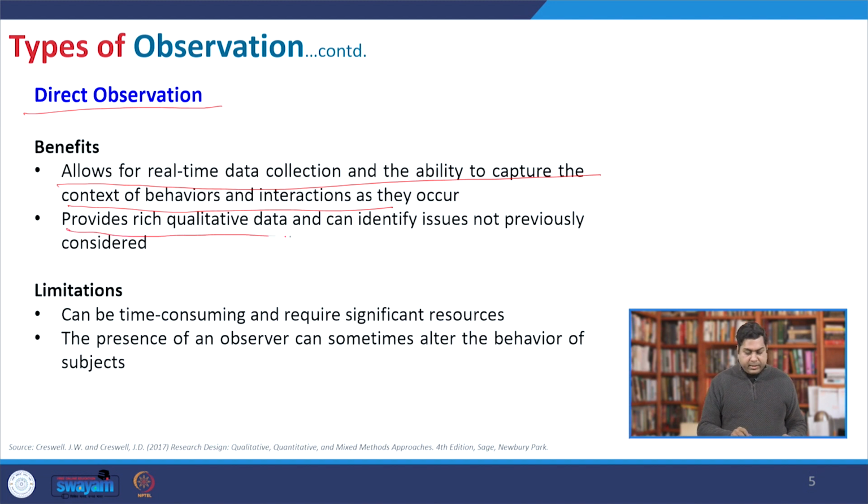It provides rich qualitative data and can identify issues not previously considered. So, definitely whenever it is a photograph or videography, it still makes some sense to go back and forth to understand certain activity. But if it is a photograph, it will be much more constant to that particular frame that has been set.